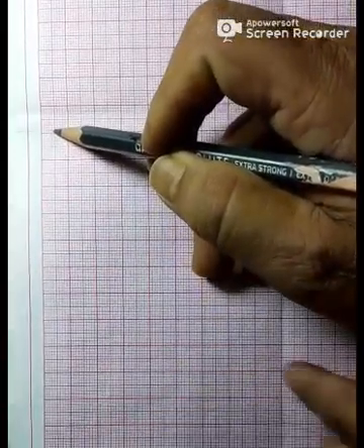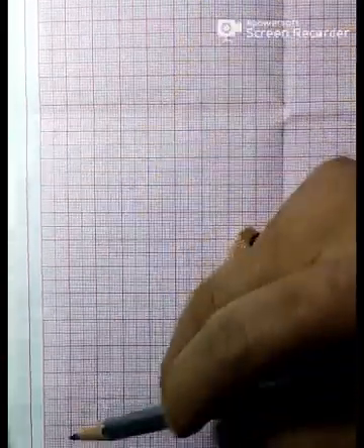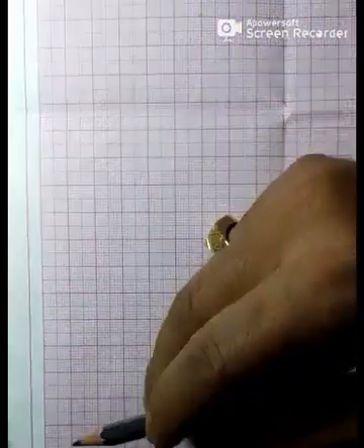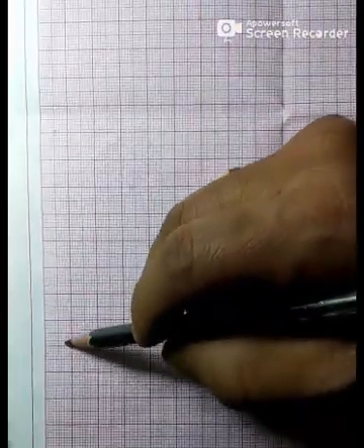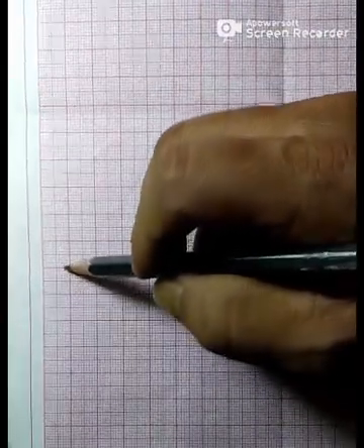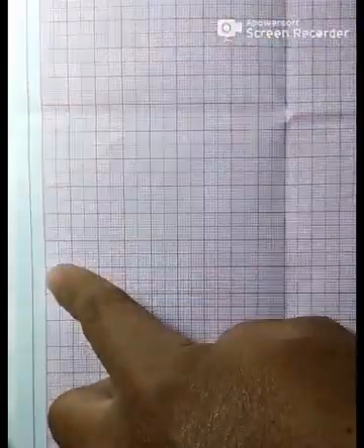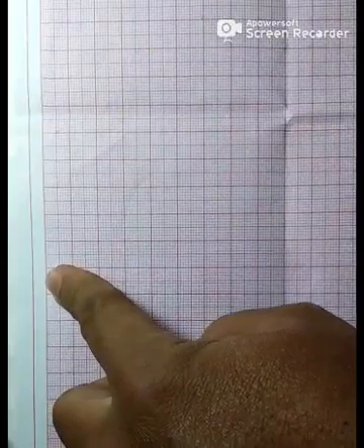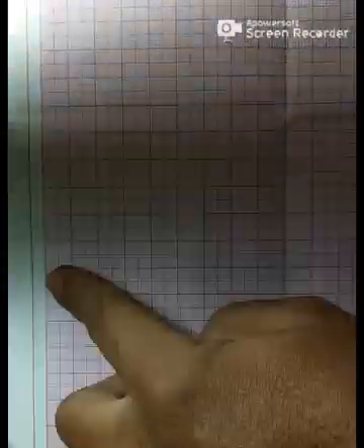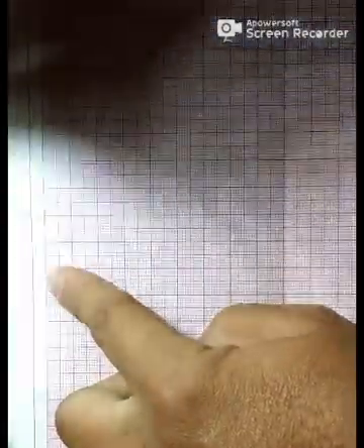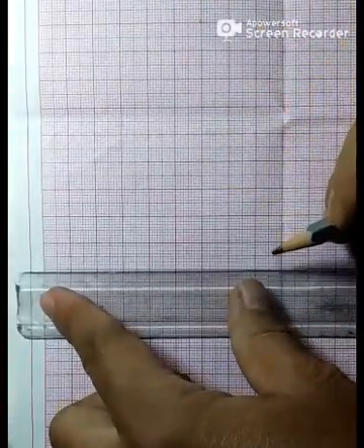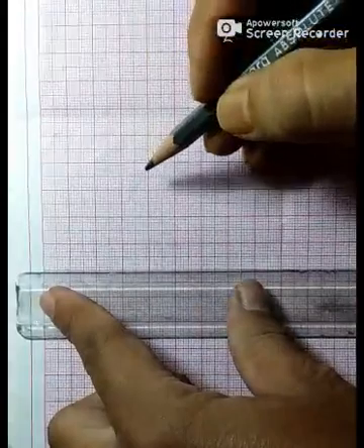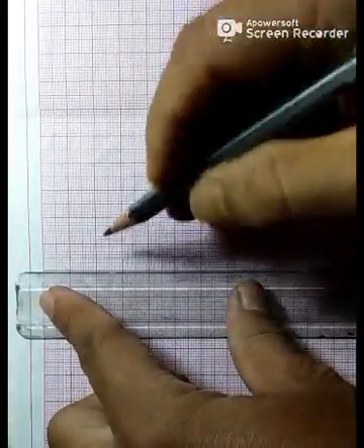So 13 means half is how much? 6 and a half, which means 7. So 1, 2, 3, 4, 5, 6, 7. So this is the midline. So you have to draw the vertical line here. So this is our vertical line as a lens. You have to draw it exactly.